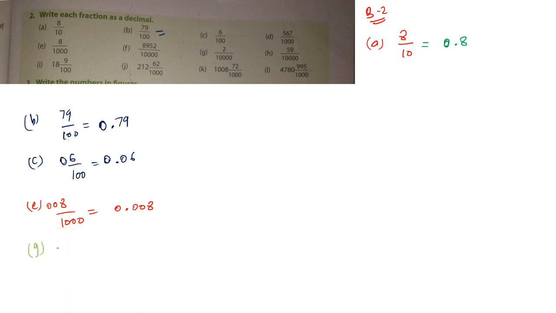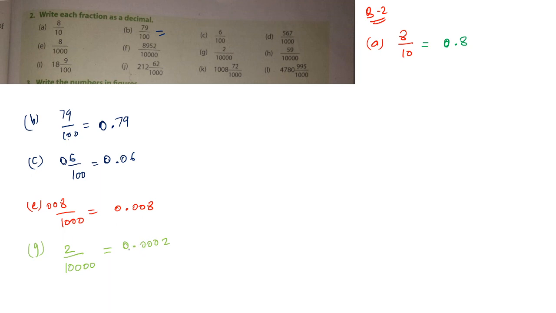Next, G, 2 upon 10,000. How many zeros are there? 1 2 3 4. So you will write 2 and three zeros, and then the decimal, because after the decimal there should be 4 digits.